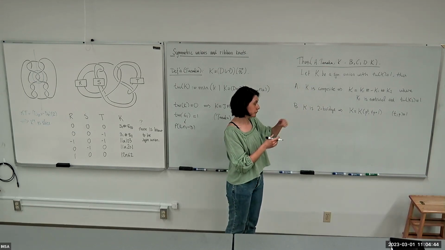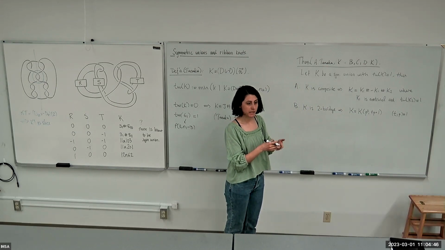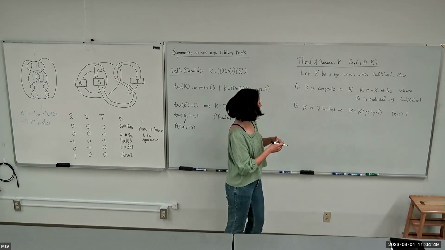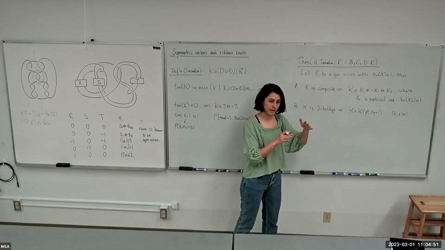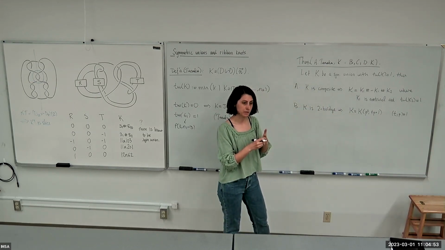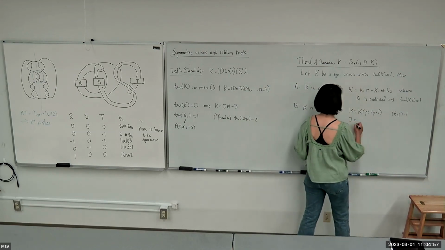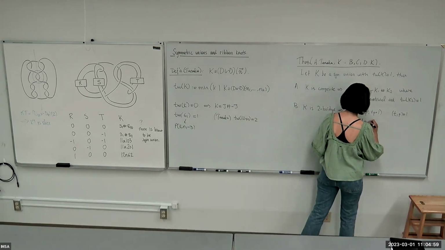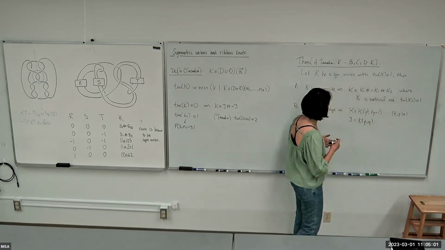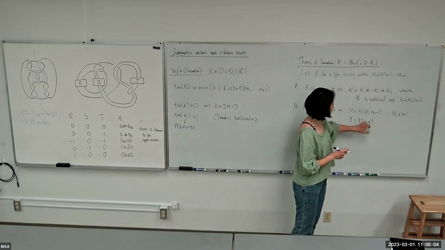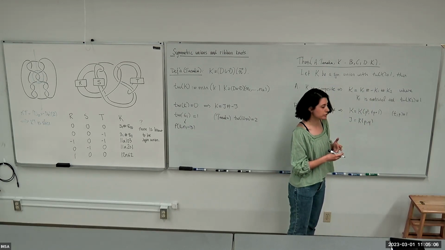But for the other two families, the diagrams he had have two twist regions, and now this shows that those diagrams were minimal. And here we can also say that the knot we started with is also some other two-bridge knot where the coefficients are determined by the coefficients of the knot you started with.